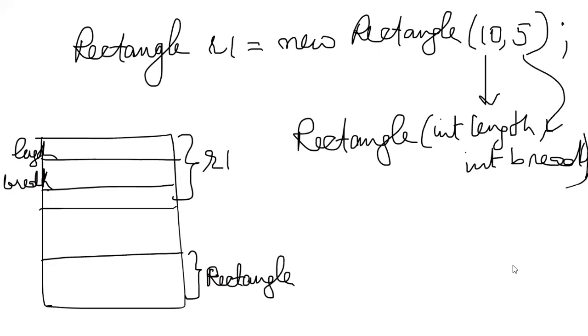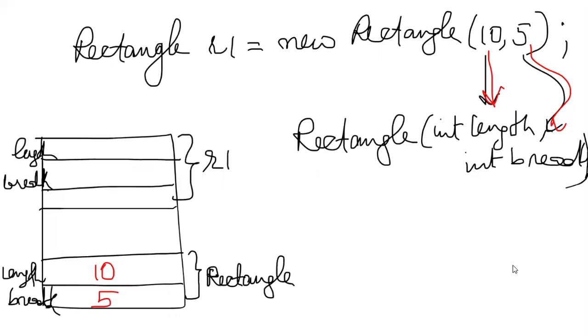This memory is allocated for the constructor, variables in the constructor. So here also I have length and breadth, right? So now what happens? Because of this assignment, which length will get the value 10? First, it will be this length, and this will get the value 5.